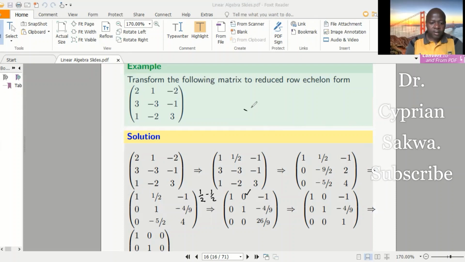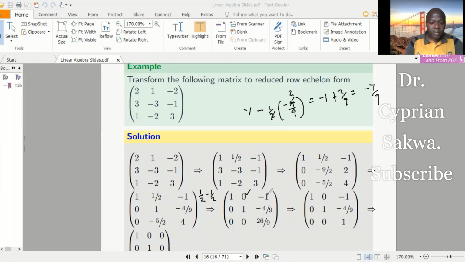Negative 1 minus a half of negative 4 over 9. And this should be 2. So I would have negative 1 plus 2 over 9, which is negative 7 over 9.